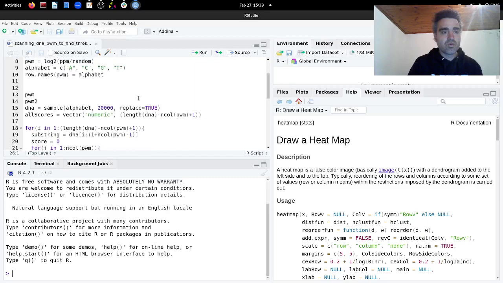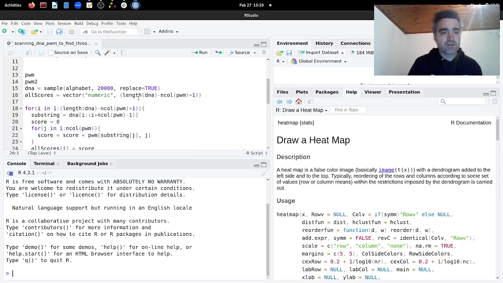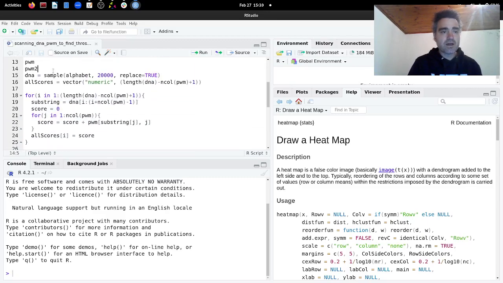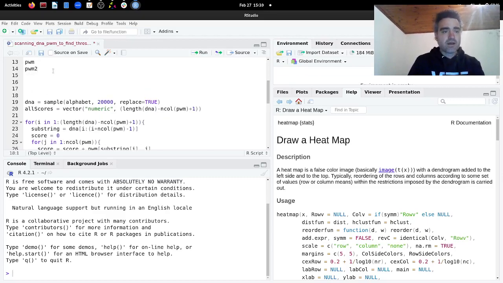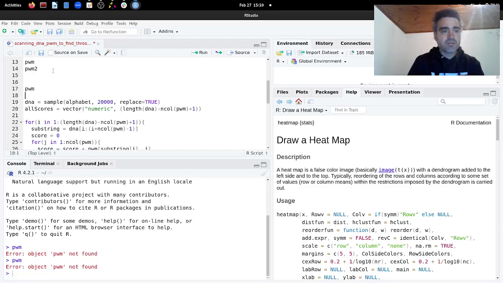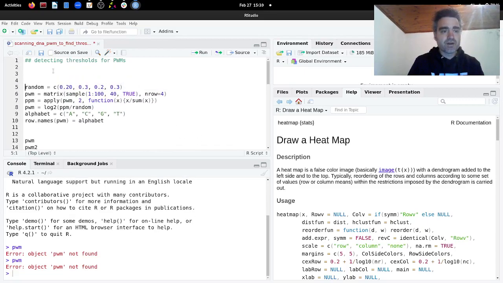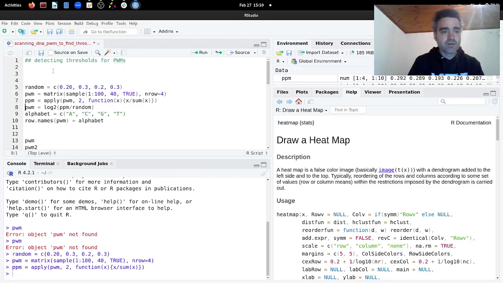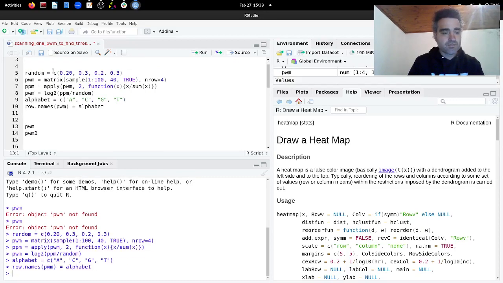Okay, so we have seen several of these things in the previous class. Here I have two position-weight matrices just to demonstrate that the score might be different for different position-weight matrices. So let me reconstruct them.